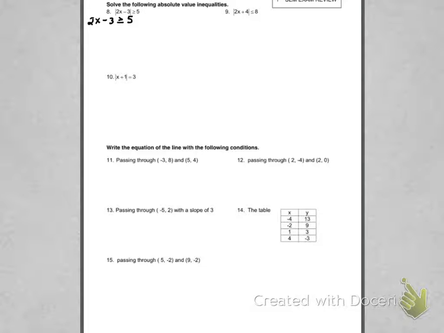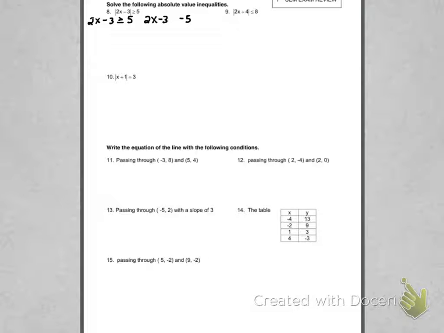And you set up another equation, 2x minus 3, and we need it to be negative 5. Well, that's the same as multiplying through by negative 1.